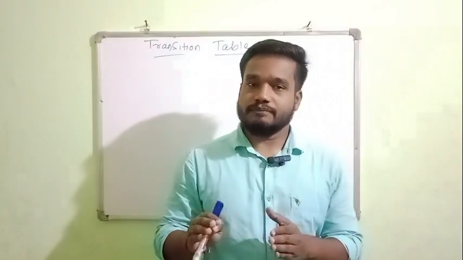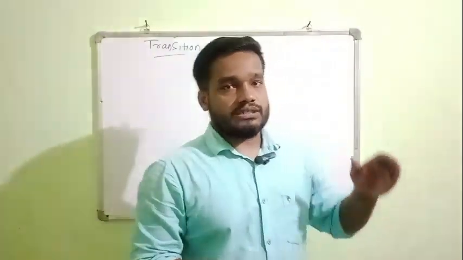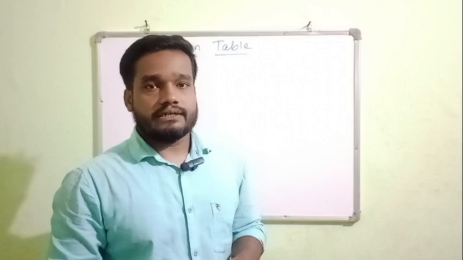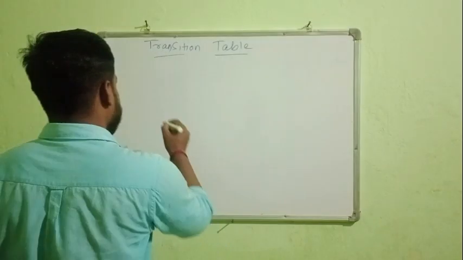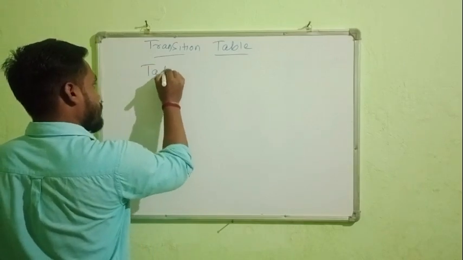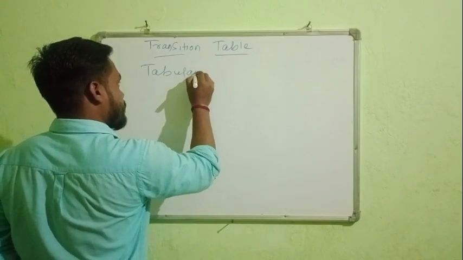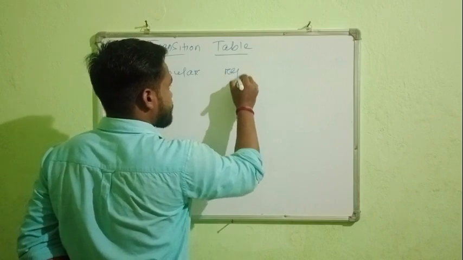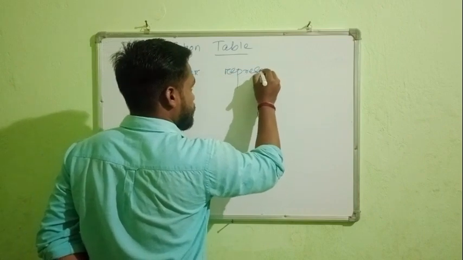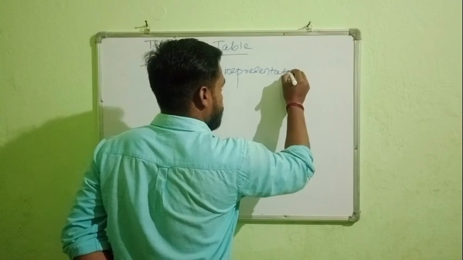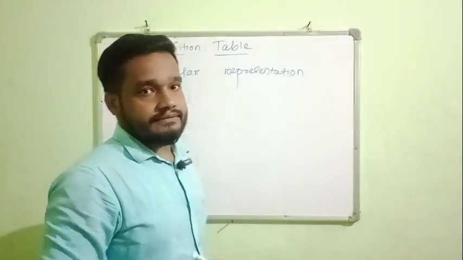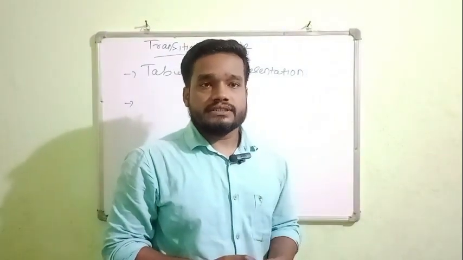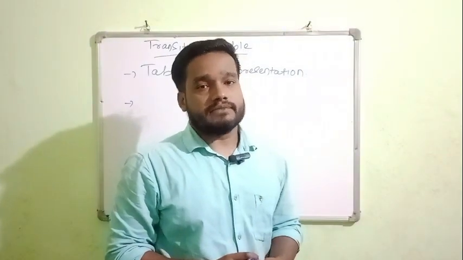The DFA machine is the pictorial representation, but the transition table is the tabular representation of a DFA machine. Secondly, it provides the information about the DFA machine.